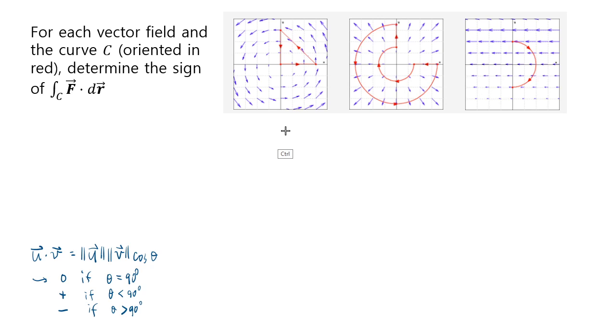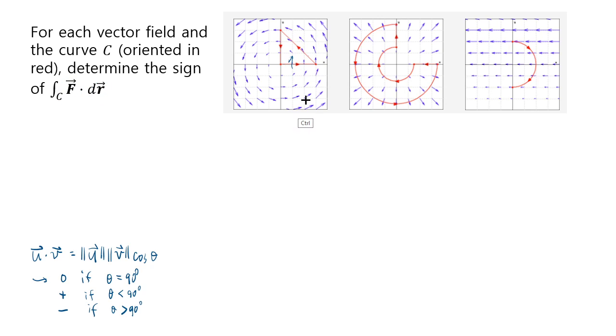Okay. On the other hand, if you look at here, the vector field f is going up, whereas the path dr is going right. So you have the vector field f and dr being 90 degrees. So in this case, the integral will be 0.